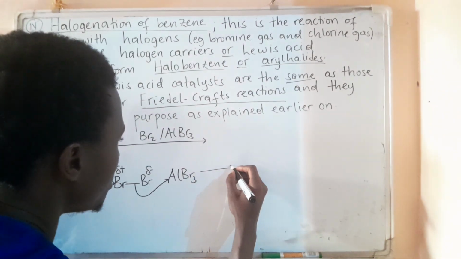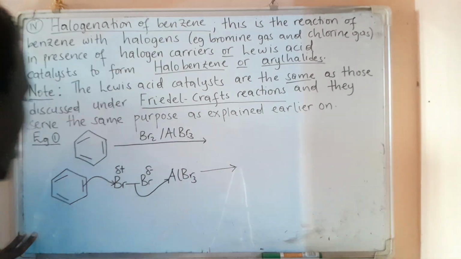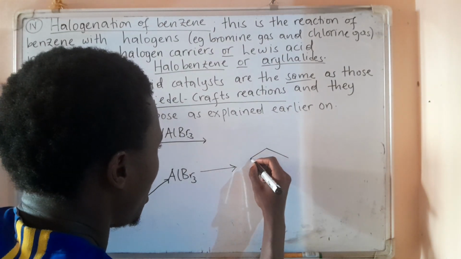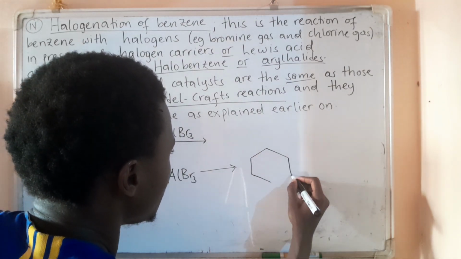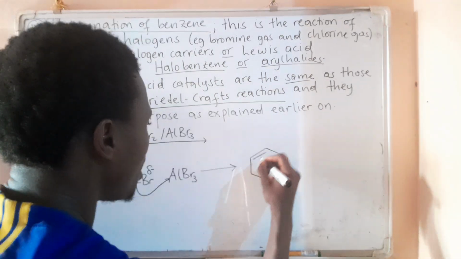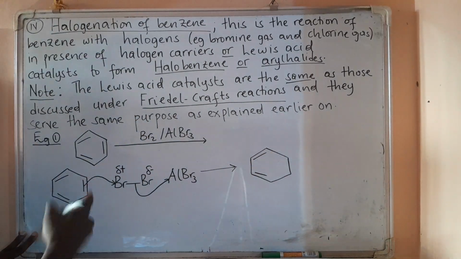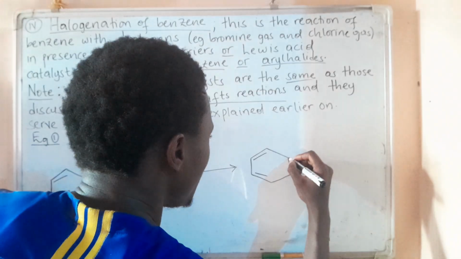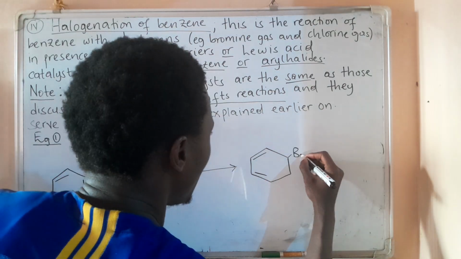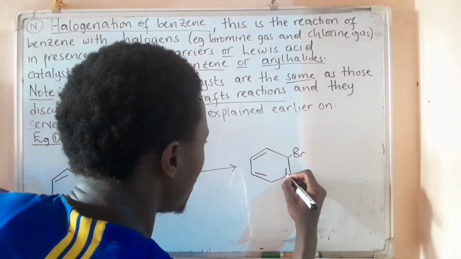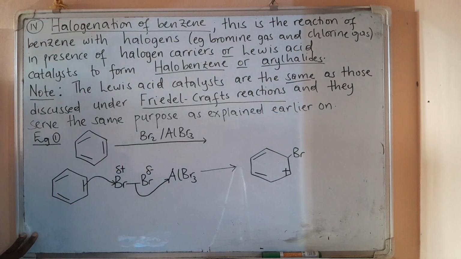As a result, we shall form the following. Our benzene ring, there is a bond there and a bond there. Bromine goes to the nearest carbon with more hydrogens, but from the previous discussions, it can go up there or down there. If it goes up, there is a plus on that carbon atom.